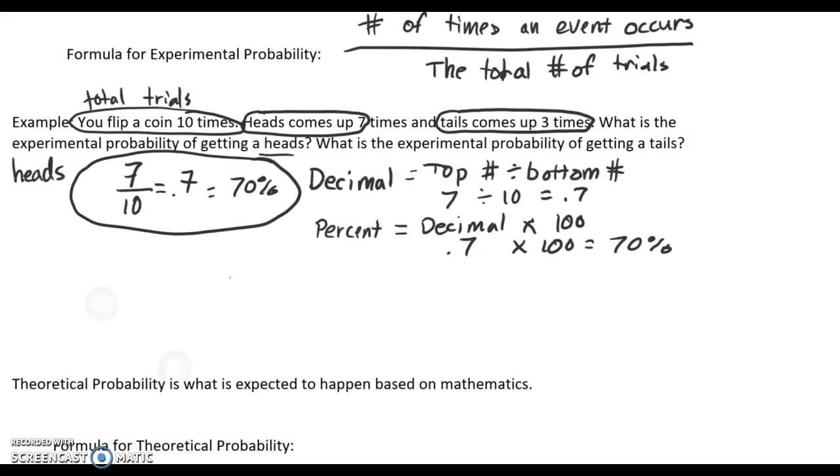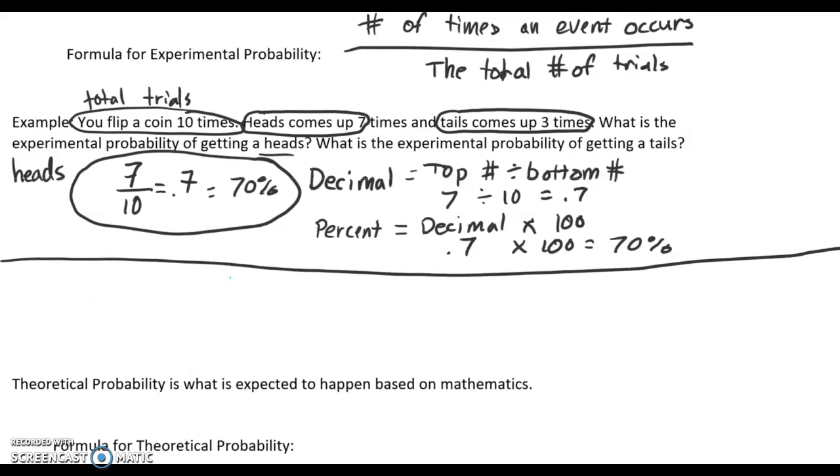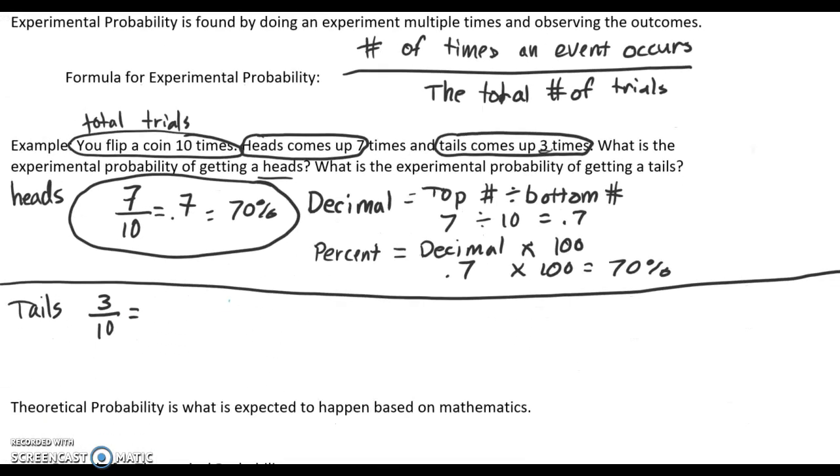When looking at tails, I'm just going to cut this right in half. We're going to take the number of times tails came up, which was that 3, and put that over the total trials, which is 10. We are then going to take our top number divided by our bottom number to get our decimal of 0.3.